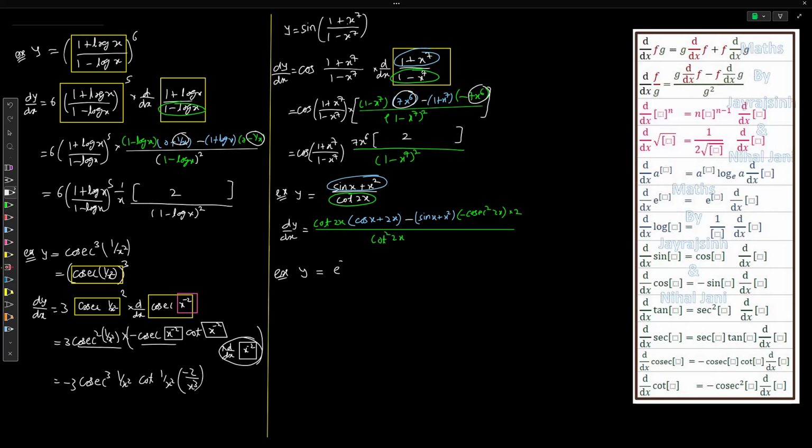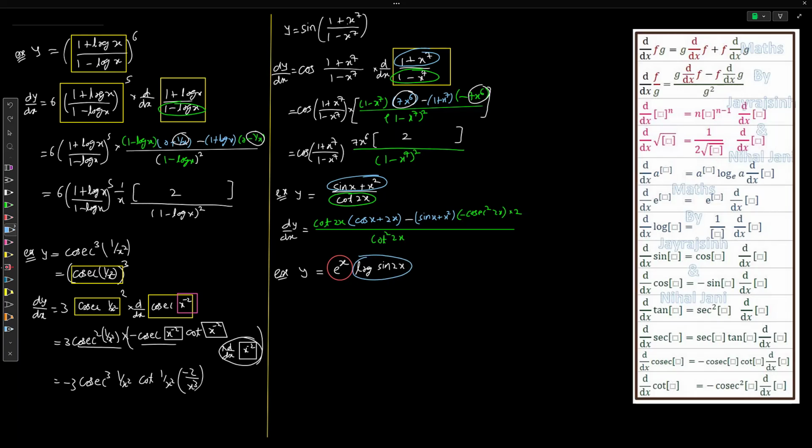y is equal to e raised to x into log sin 2x. Okay, tell me how will you do it? How will you differentiate? See, first of all, e raised to x is in multiplication with log sin 2x.